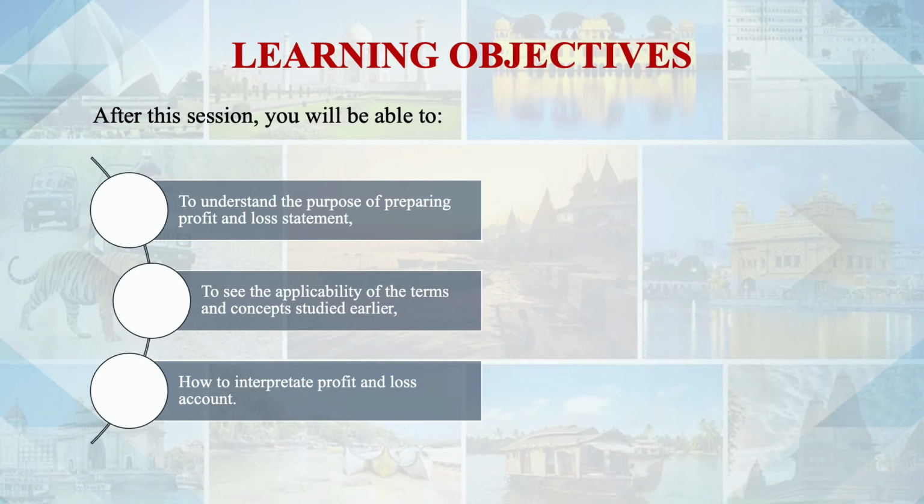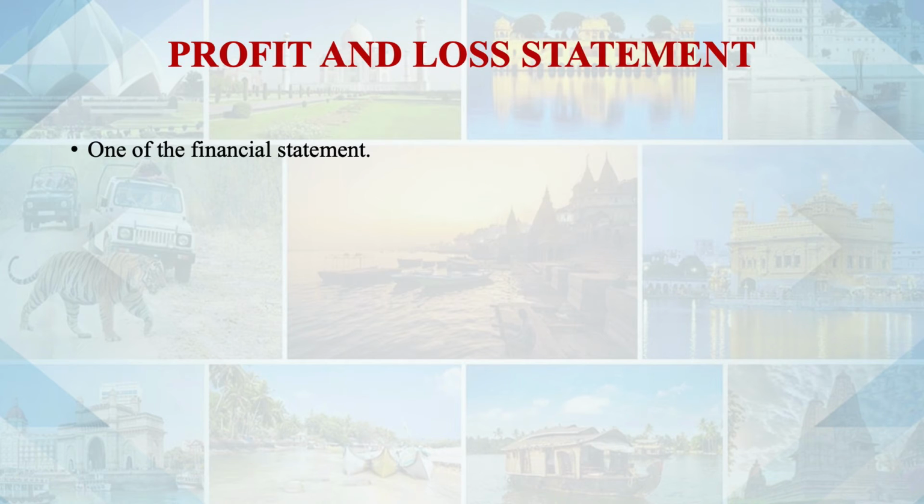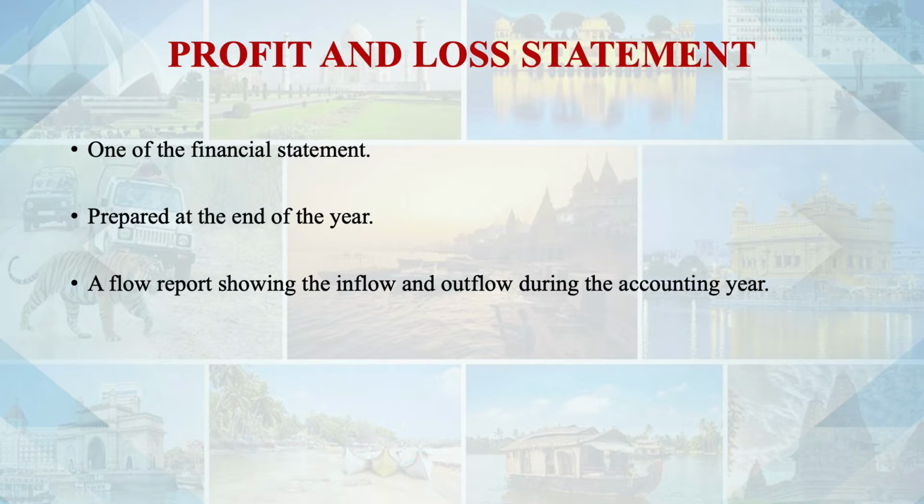Now, let's get a recap of what we have already studied. Profit and loss statement is one of the financial statements which is prepared by the organization at the end of the year. It is basically a flow report. That is, it shows the inflow and the outflow of the revenues or assets and liabilities in an organization during the accounting year.